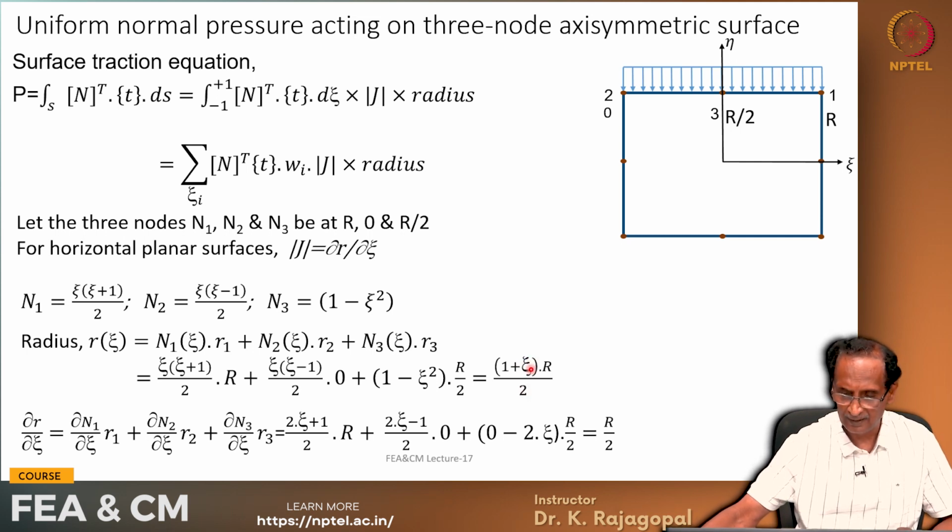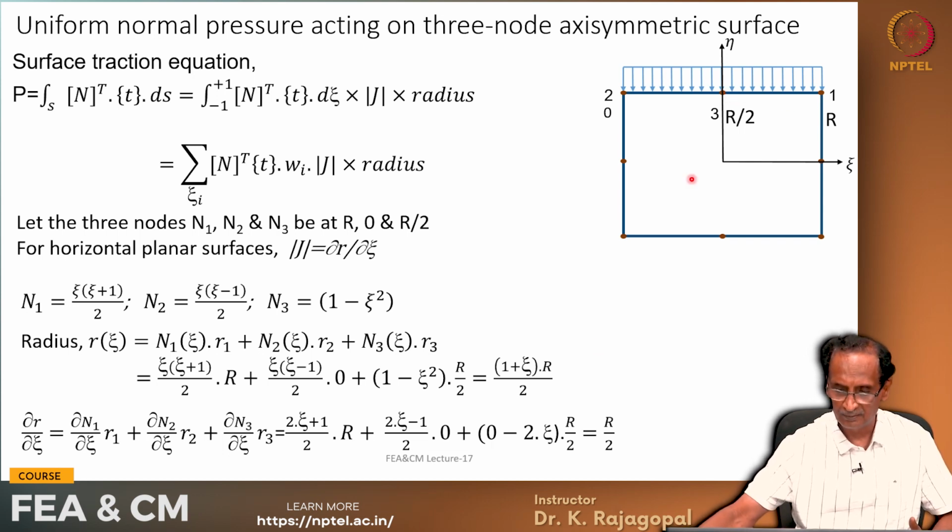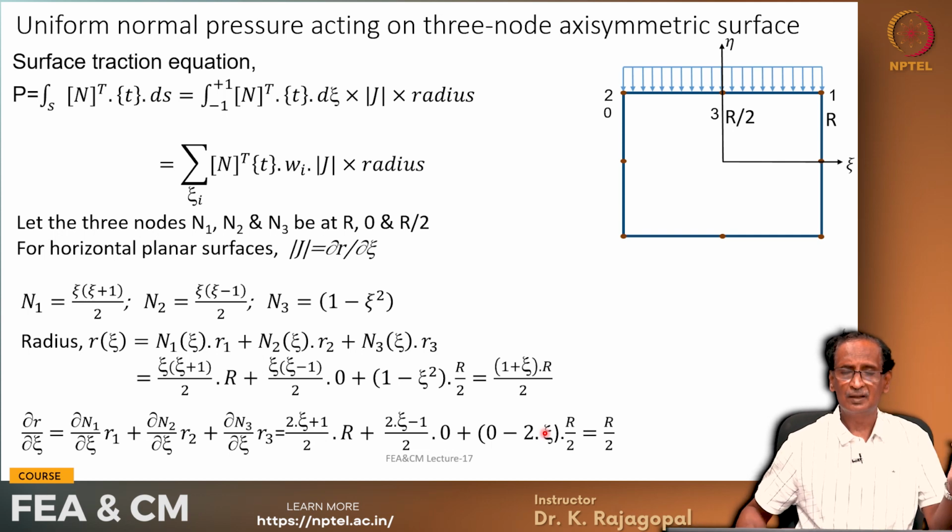So, when xi is minus 1, we are at node 2, that is 0, and at xi of plus 1, you have node 1, that is 1 plus 1 by 2 times R, so R. Then at the mid side node xi is 0, so that is R by 2. So, dou R by dou xi comes out as R by 2, just as we got L by 2 for the plane strain case.